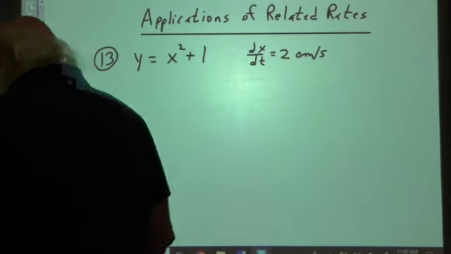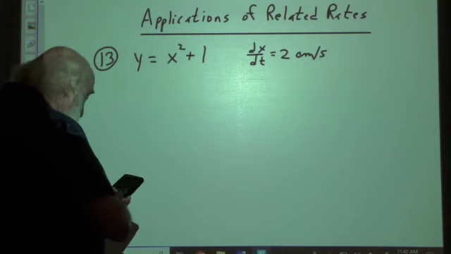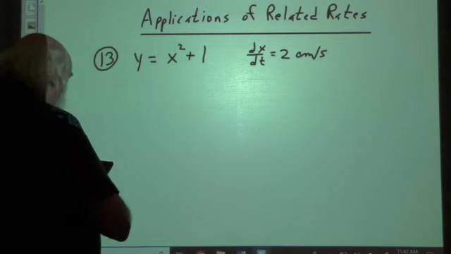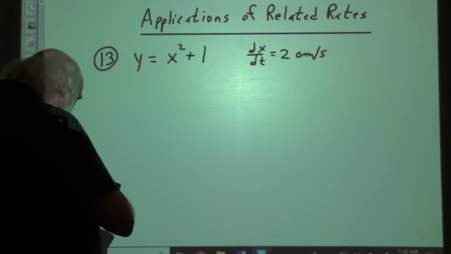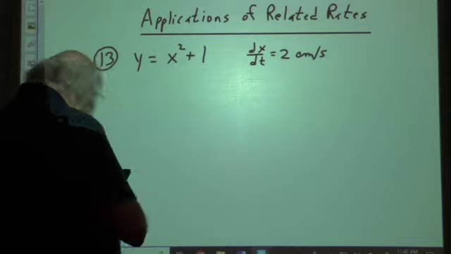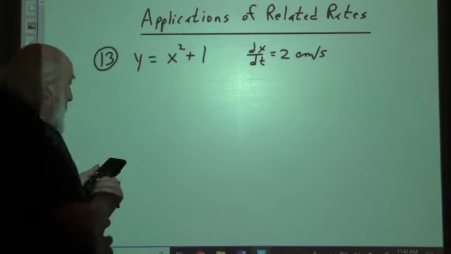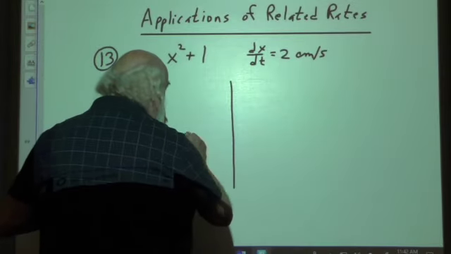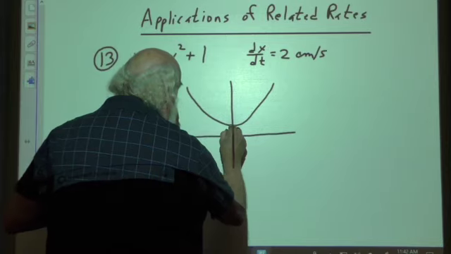Now, if we were to go ahead and punch that into your calculator so you have an idea what that graph looks like, it should be a parabola. So go ahead and do that. And you should get something that looks like this, or this one right here.